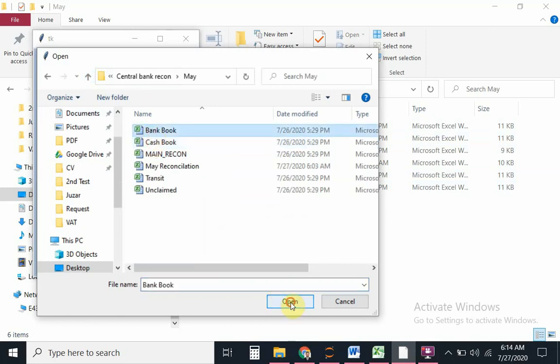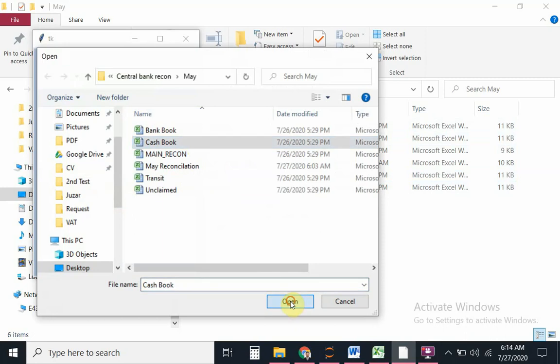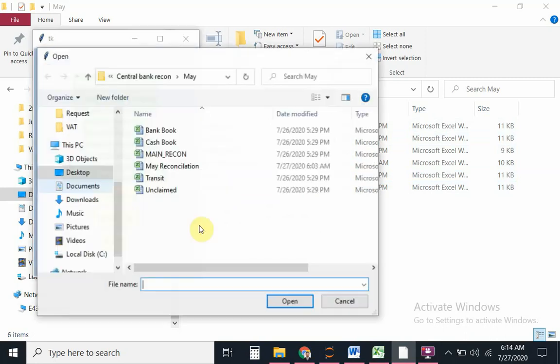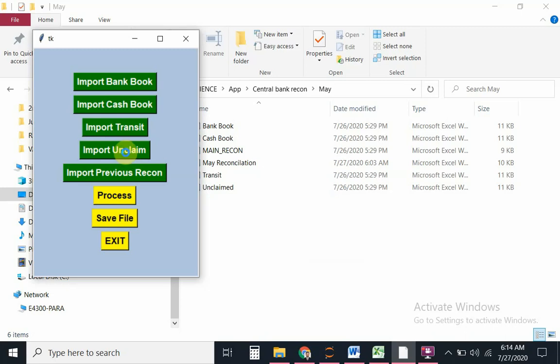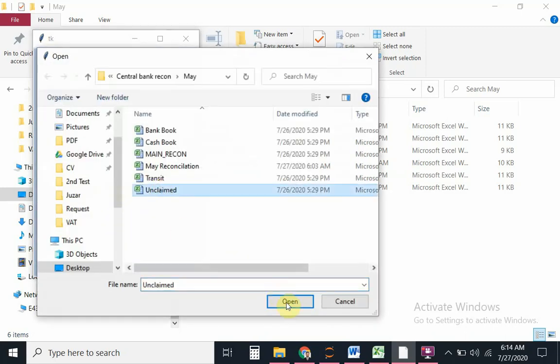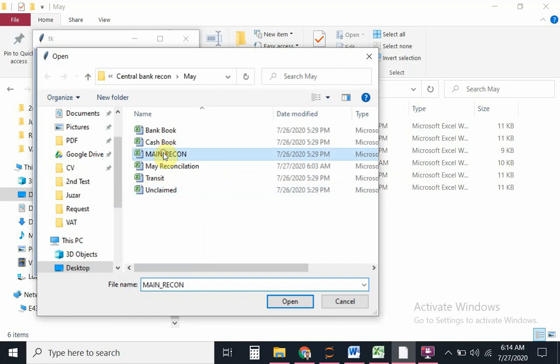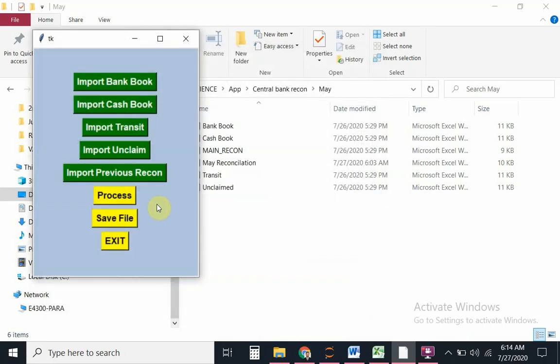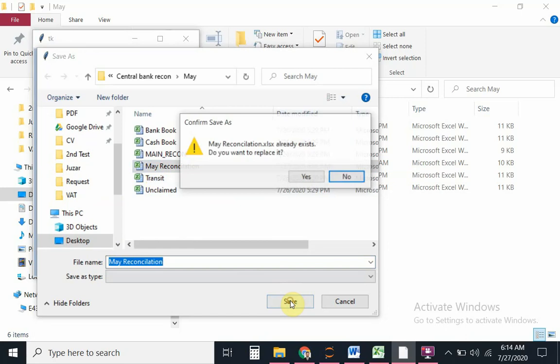I will import my bank book, my cash book, my transit account, my unclaimed fund, and the last month's reconciliation. I'll process it and save it as the May reconciliation.